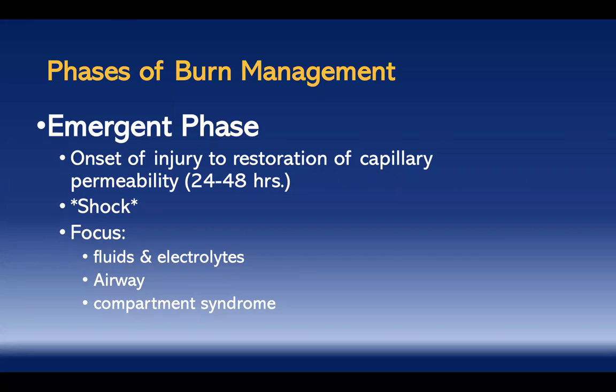And so the major focus in this emergent phase is going to be on fluids and electrolytes, following that Parkland-Burn formula to pump massive amounts of isotonic fluids into these patients, monitoring for electrolyte shifts, monitoring their airway and intubating early if there's any risk at all of an inhalation injury, and monitoring for some of those other complications like compartment syndrome and acute renal failure due to the kidney issues and the muscles dumping myoglobin into the bloodstream.